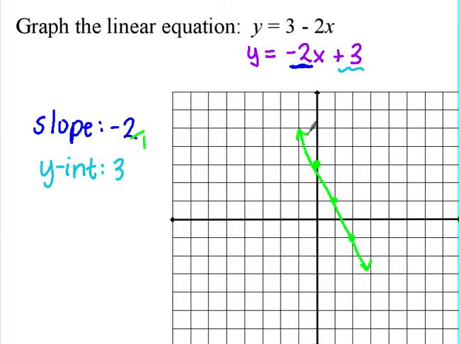Now, is this the only way that I could have graphed that? What would be another technique that we've used to graph in the past? Computers. Okay, yes, we've used the computers. What else? The very first way you learned how to graph.